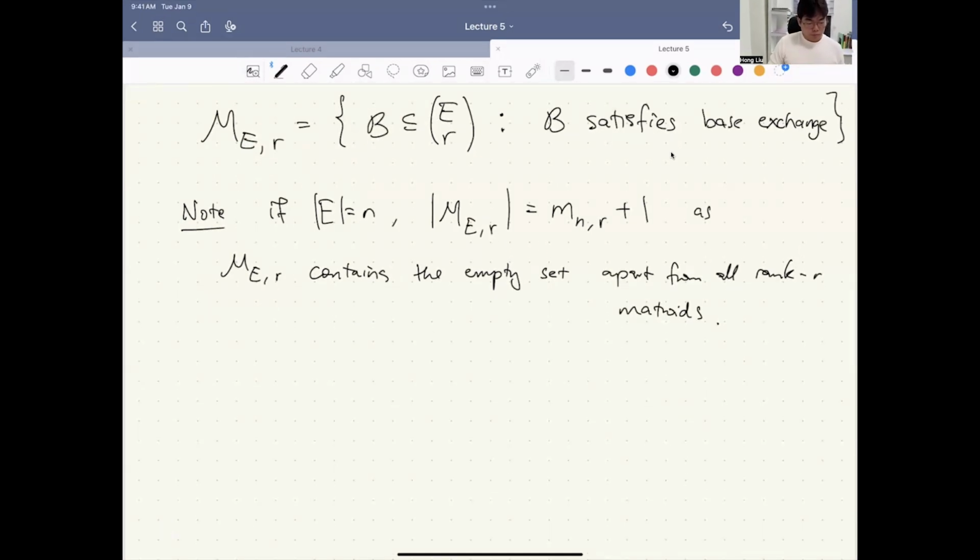So the contraction: if we have a matroid M = (E, B), and we have a set T, which is a subset of elements of the ground set E, we can define the contraction.